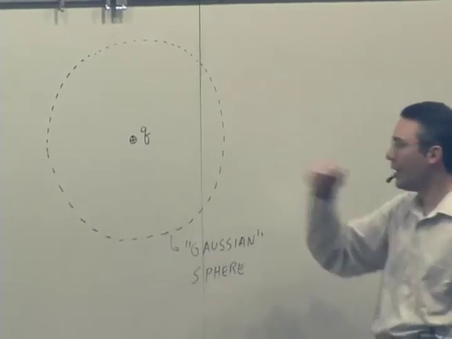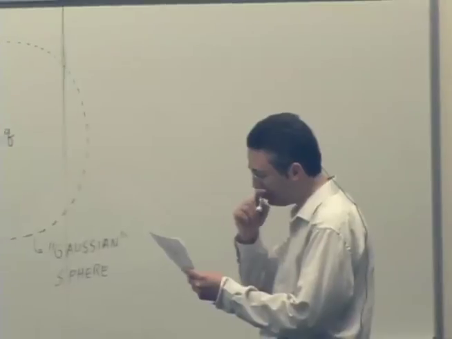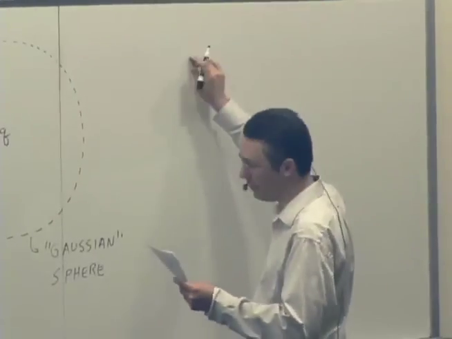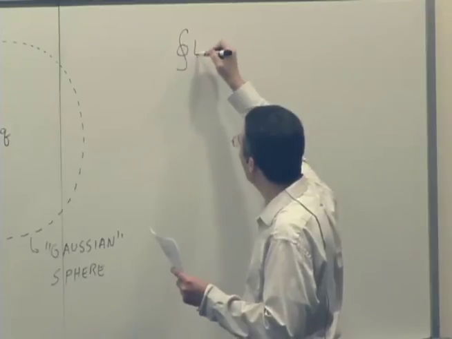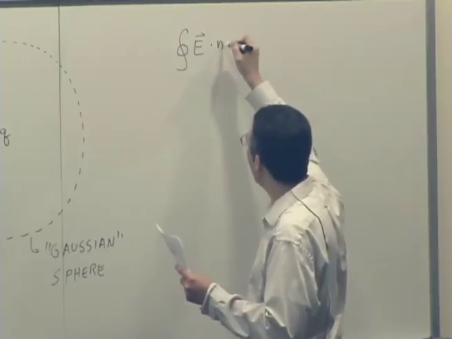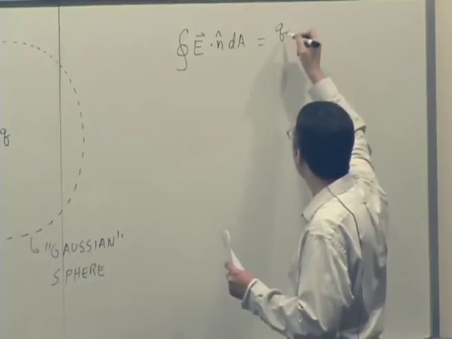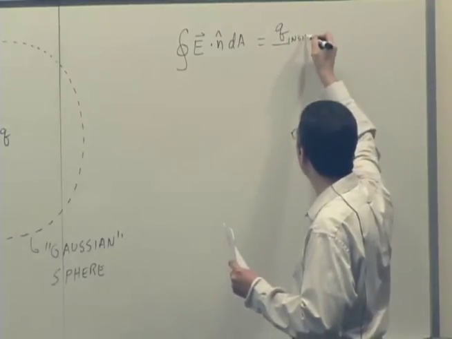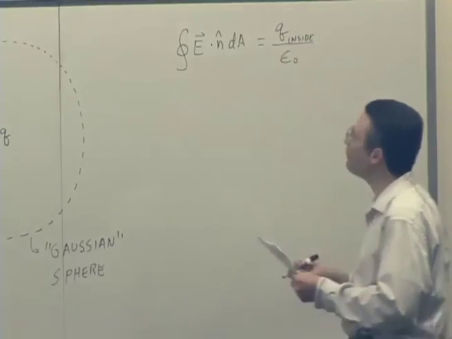So I have a charge in a closed surface. And I want to think about how to apply Gauss's law to this situation. And so we have the integral of E dot n hat dA is equal to the charge inside divided by epsilon naught.